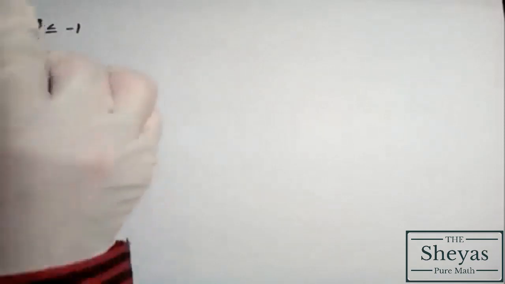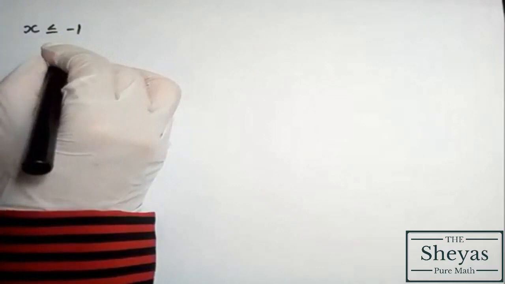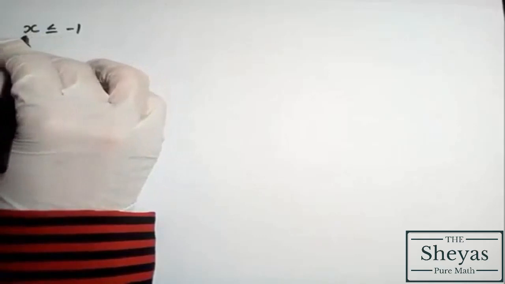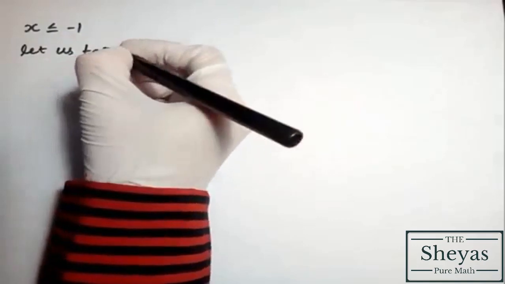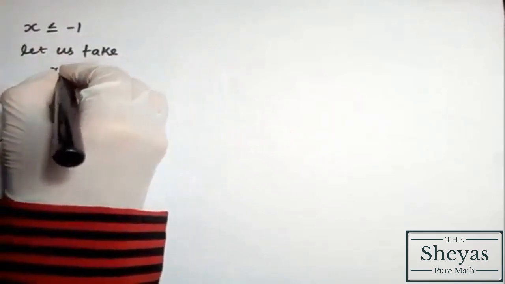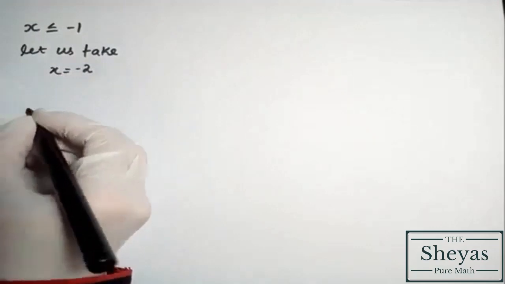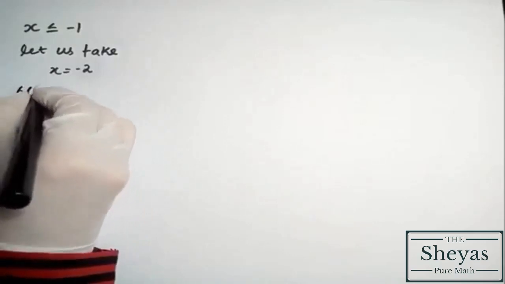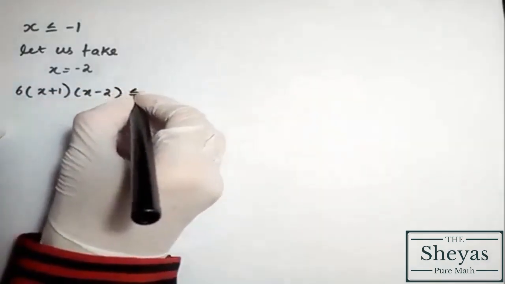So what is the first step? x less than or equal to minus 1. We are just taking some values and checking whether this condition suits or not. Let us take x is equal to minus 2. So what is your f dash of x? Once again I am writing f dash of x: 6 into (x plus 1)(x minus 2) less than or equal to 0.